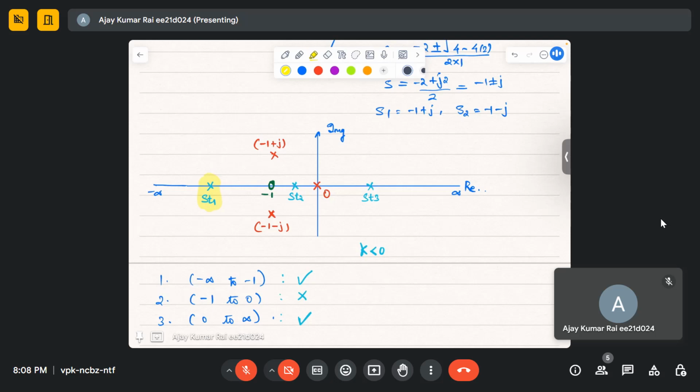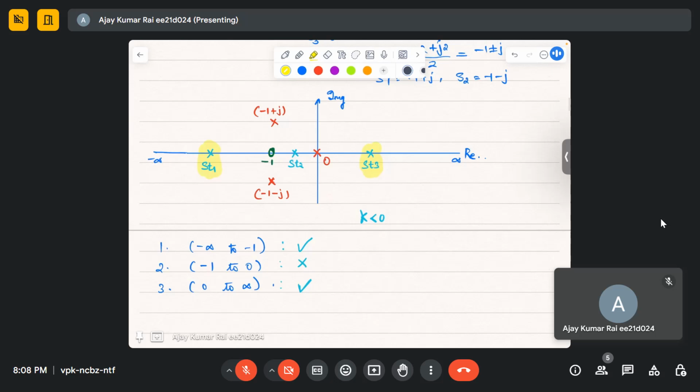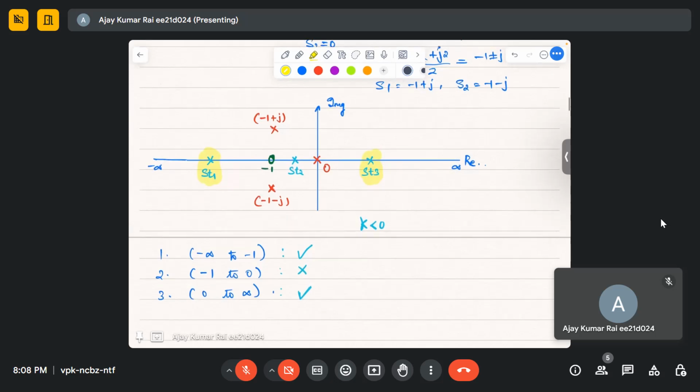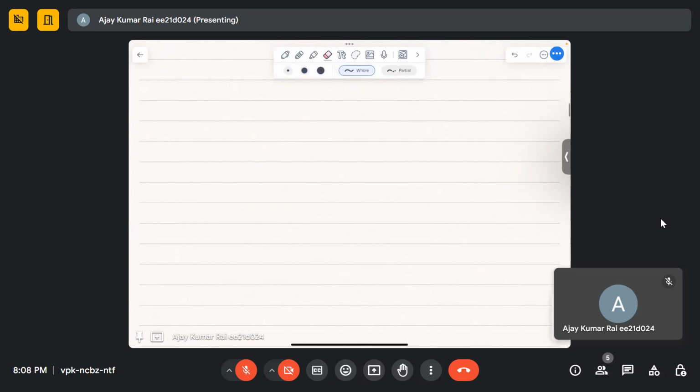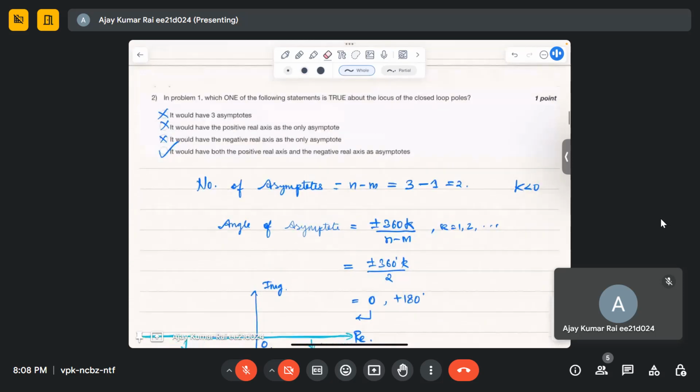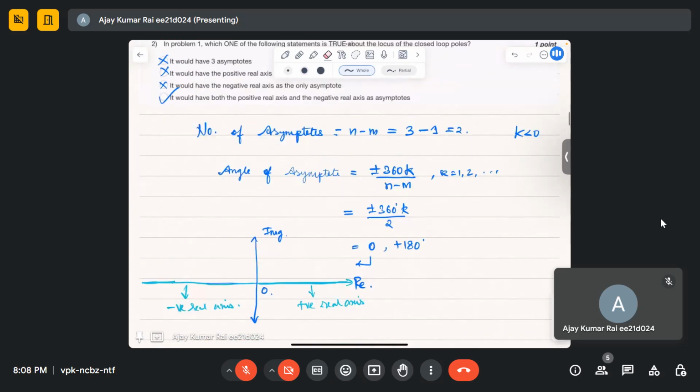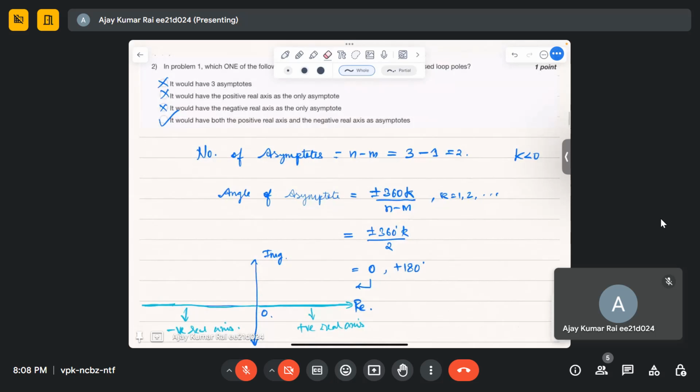Similarly, in the case of 0 to infinity, if you take the test point st3 here and look to the right, you will not have any poles and zeros. Zero is an even number, so the root locus exists. For problem number 2, you have to find the angle of asymptotes.